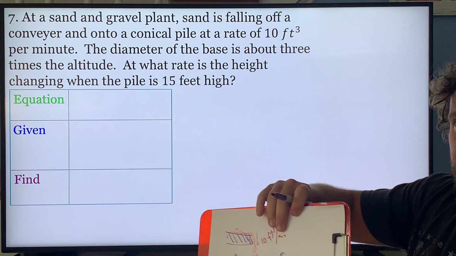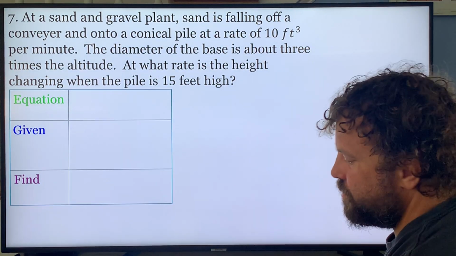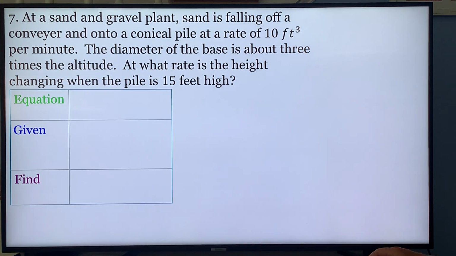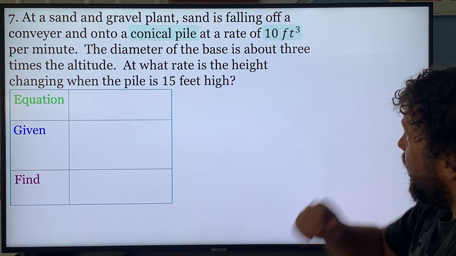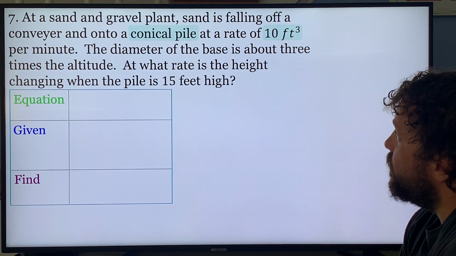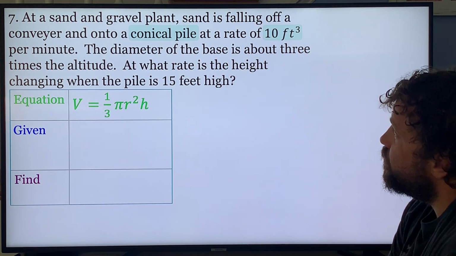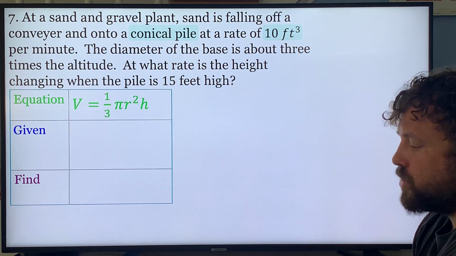All right, so this is what you should have drawn. Watch me have it in this slide. So the equation: conical pile at a rate of 10 feet per minute. All right, so what's that? Volume. Conical pile, cone, volume of a cone is 1/3 pi r squared h.